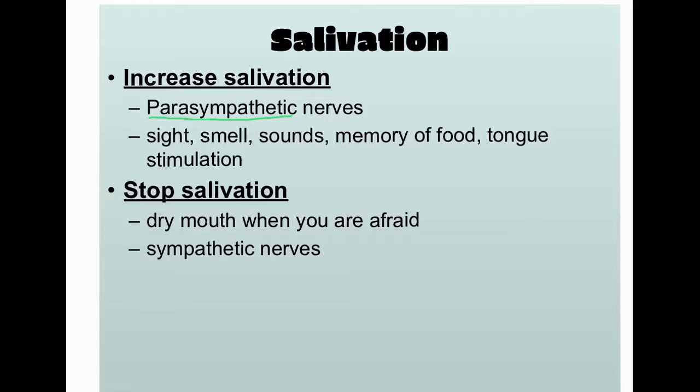To stop salivation, which causes your mouth to be dry, that's when you're afraid. And that's the sympathetic nervous system. So if you ever found yourself taking a test or going on a really scary ride and your mouth gets dry, that's because the sympathetic nervous system is kicking in, and that causes salivation to slow down or even stop.